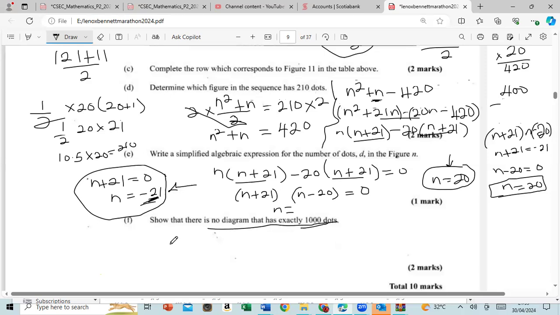Let me say n squared plus n, divided by 2, equals 1,000. So let me work this out: multiply by 2, I get 2,000. There's probably an easier way.